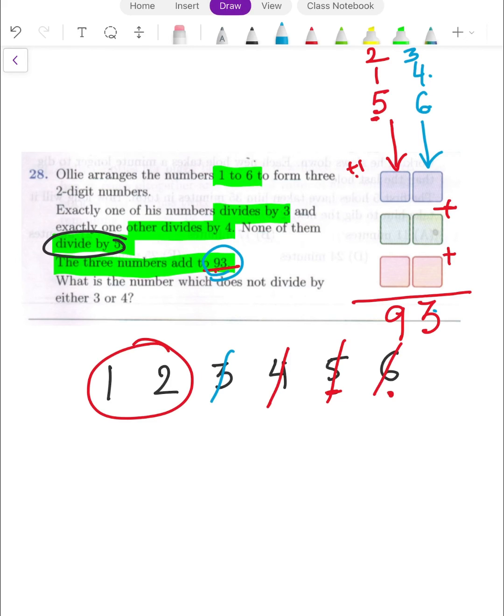All right, so we have at least sorted out which 3 digits can go in the ones column and which 3 digits can go in the tens column. Now let's look at the other clues. Only one number has to be divisible by 3, and only one number has to be divisible by 4. You have to try different combinations and see what works.